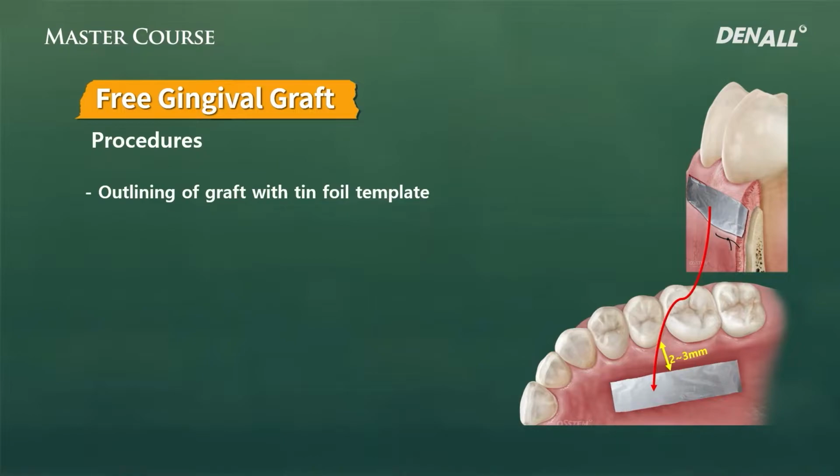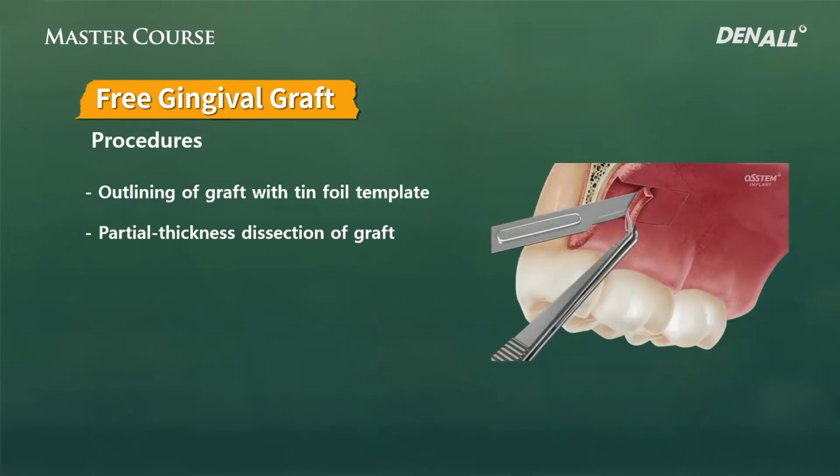It should be 2 to 3 millimeters from the margin of the palate, so the incision line should be positioned at that distance. If it is too close, it may end up in gingival recession.